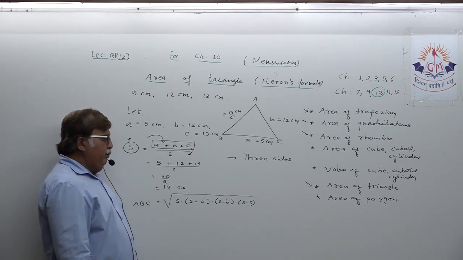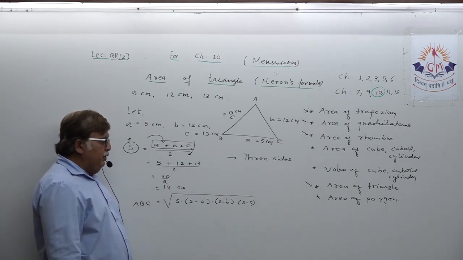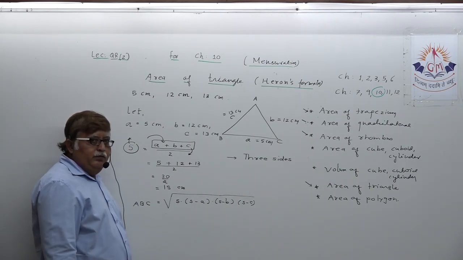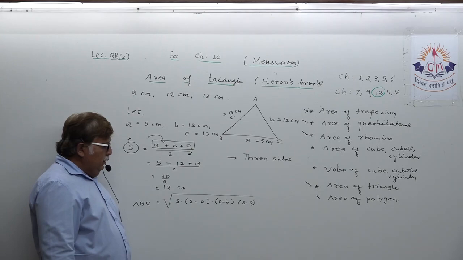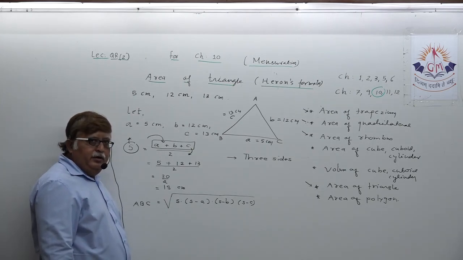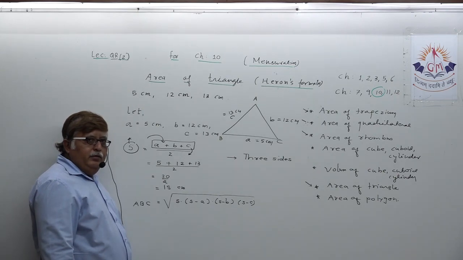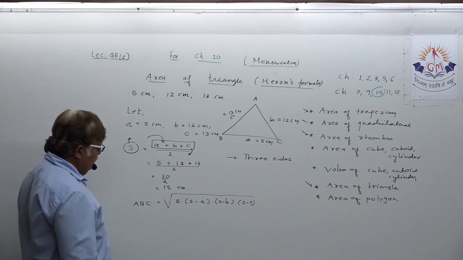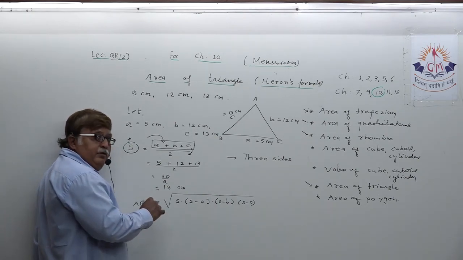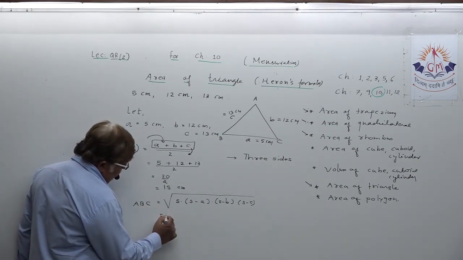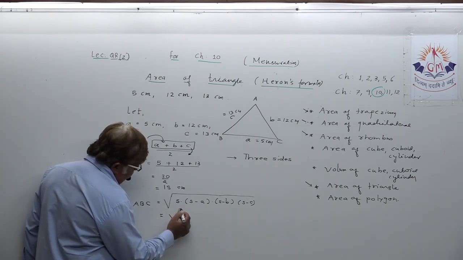To accomplish and solve the example of Heron's formula, you should know the formula correctly. S, first the semi-perimeter, then the formula: area of triangle ABC equal to root of S into S minus A into S minus B into S minus C. Let us substitute the value.